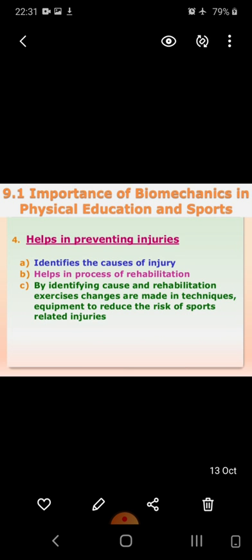Next is helps in prevention of injuries. Biomechanics helps in preventing injuries in various ways. It also helps in the process of rehabilitation of injuries.